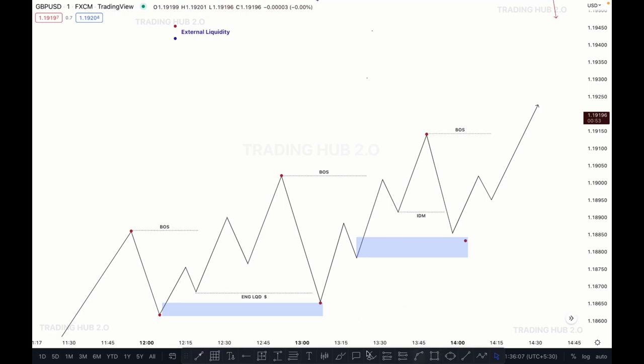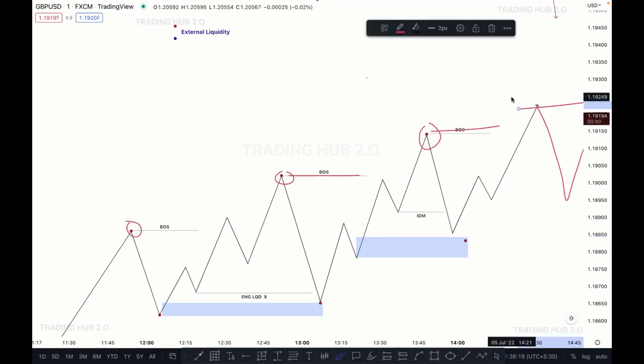So these are all called external liquidity. Every major high or low acts like external liquidity, because once the market takes external liquidity, it takes a pullback, then continues upside again, taking the minor, you can say internal, liquidity, right?